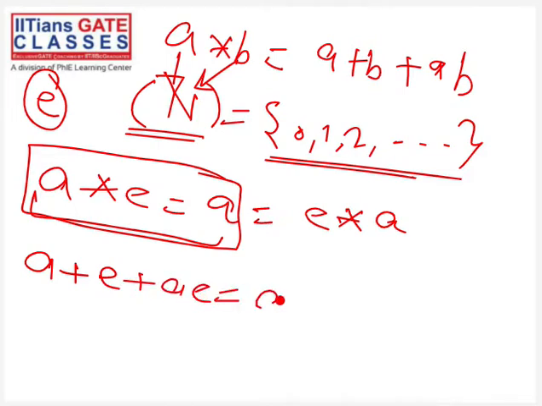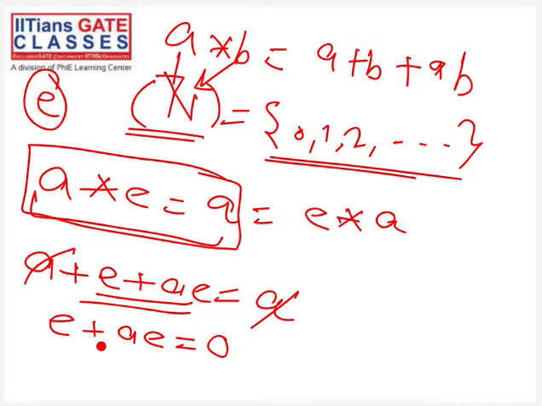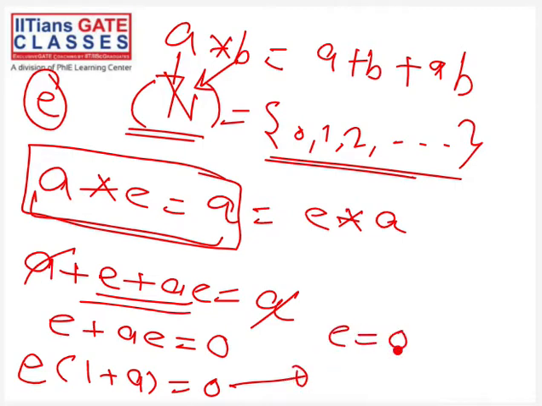Now it should become A. So then this means that E plus AE should become 0, because A cancels. Now basically you can say that E plus AE should become 0. This means that E times (1 plus A) should become 0. So from here we can say, either E is equal to 0 or A is equal to minus 1.